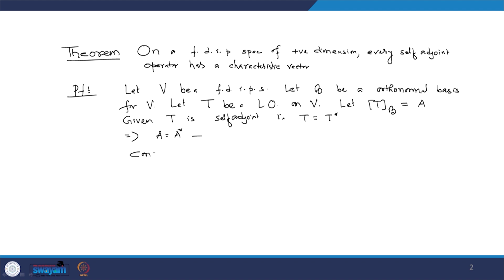Consider C n cross 1, that is the space of all n cross 1 column vectors over the complex plane with the standard inner product on C n cross 1.